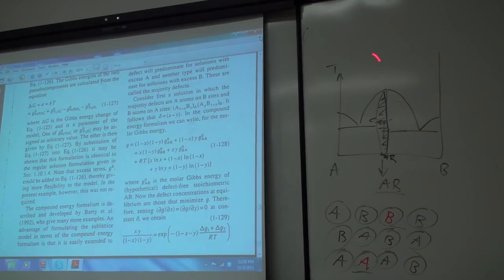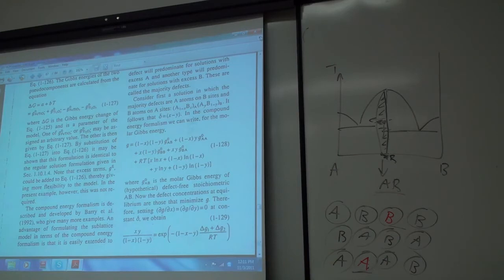Okay, so when you're doing your optimizations, if you have a large amount of non-stoichiometry and you're using this model, remember that this G0 AB is a hypothetical thing, and it's not the actual Gibbs energy of the real AB. The real AB at 50-50 will have a slightly more negative Gibbs energy than this hypothetical affair here.